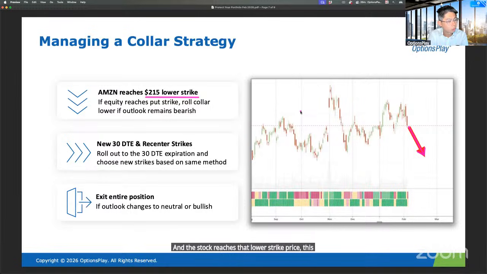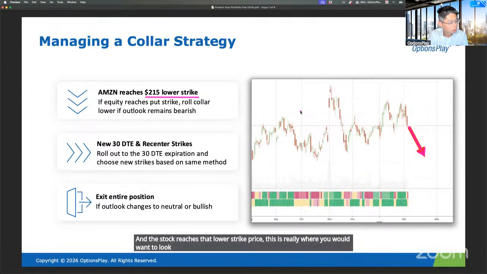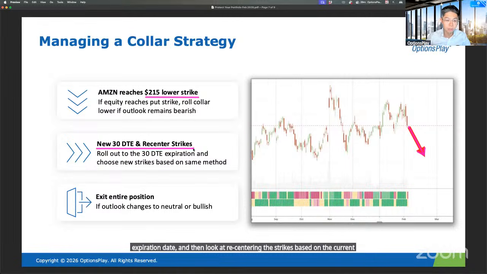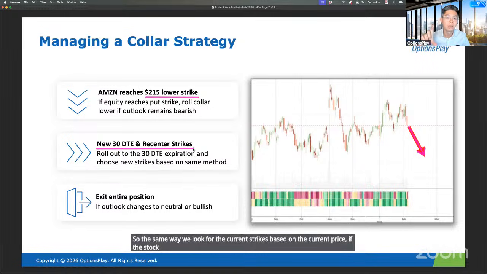this is really where you would want to look at rolling your collar strategy to the new 30-day expiration date, and then look at recentering the strikes based on the current price of the stock. So the same way we look for the current strikes based on the current price, if the stock were to drop to 215, you would do the same thing.